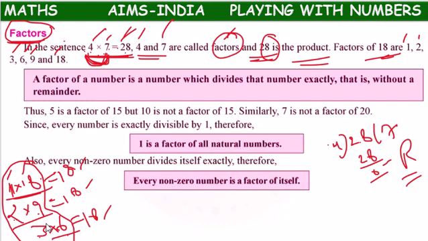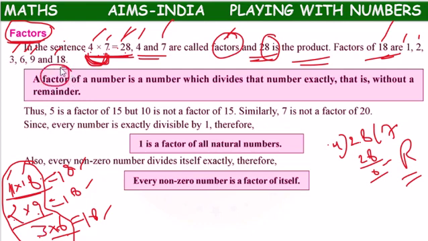So these 6 numbers are considered factors of 18. This means 18 can be divided by any of these 6 numbers exactly, with the remainder 0.